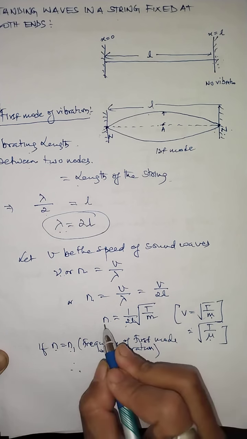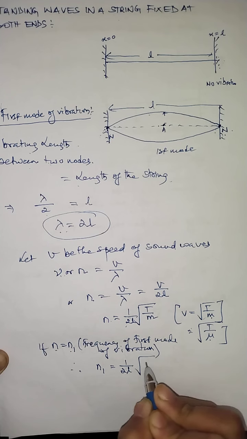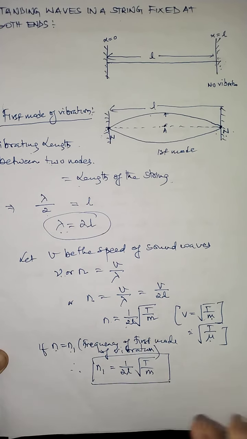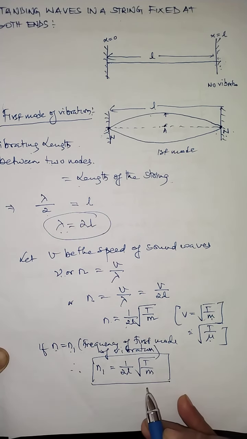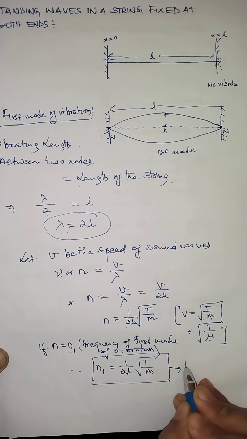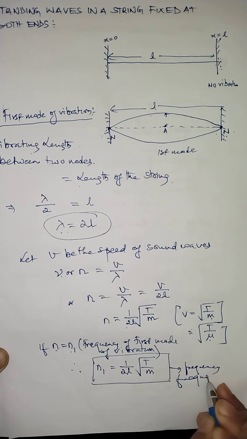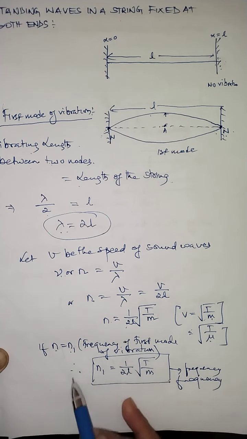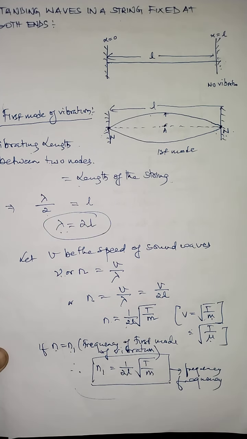So n1 equals 1 by 2L times the square root of T by M. Look at the expression of the frequency of a stretched string in the first mode of vibration. This frequency is also known as the fundamental frequency. That means to calculate the frequency of a stretched string vibrating in its fundamental, first mode of vibration, we use this formula: 1 by 2L square root of T by M, or mu.